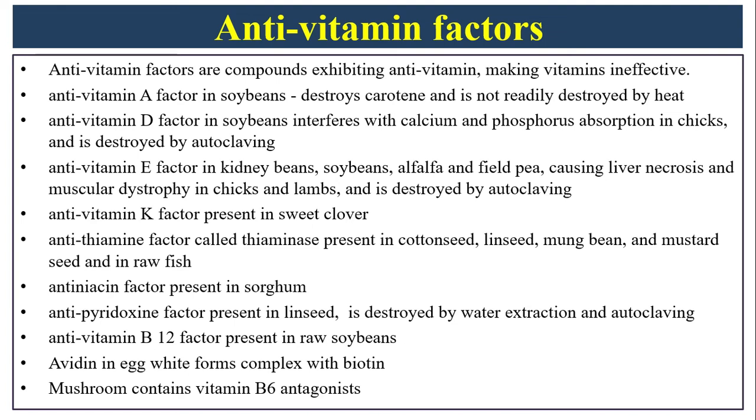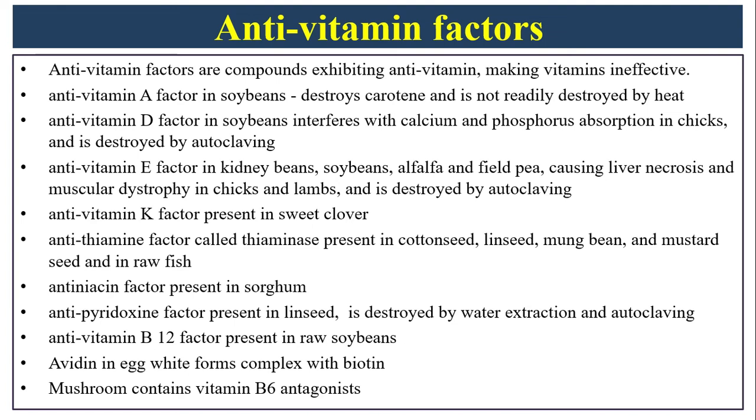Anti-vitamin E factor in kidney beans, soybeans, alfalfa and field pea causes liver necrosis and muscular dystrophy in chicks and lambs and is destroyed by autoclaving. Anti-vitamin K factor is present in sweet clover.